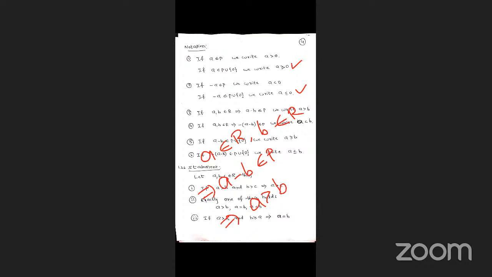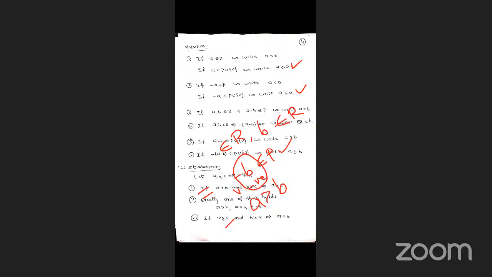Because A is a positive number, B is a negative number. We can write A is greater than B, and here P is the strictly positive real number set.